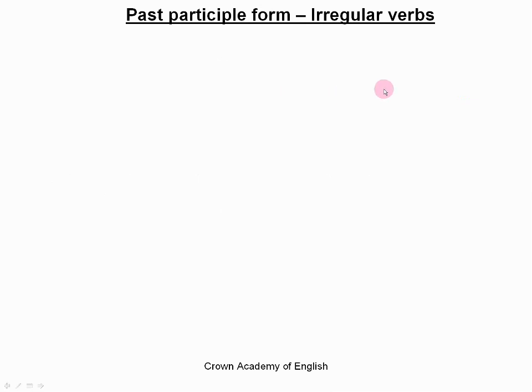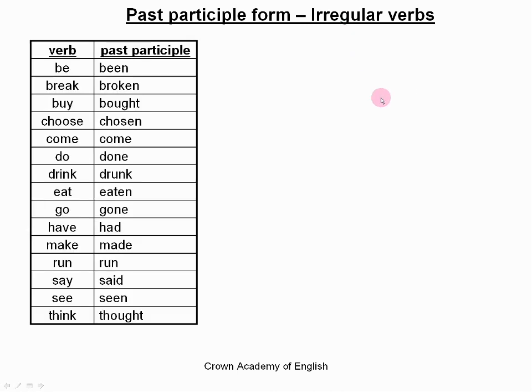But very quickly, here are the past participle forms of some common irregular verbs. Okay, so here is the list.